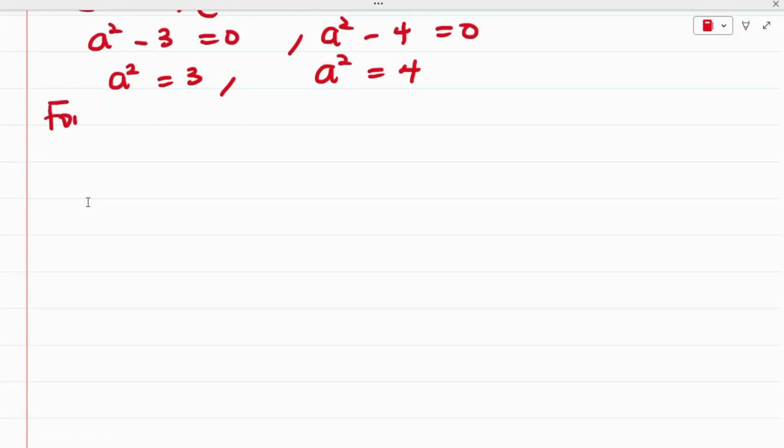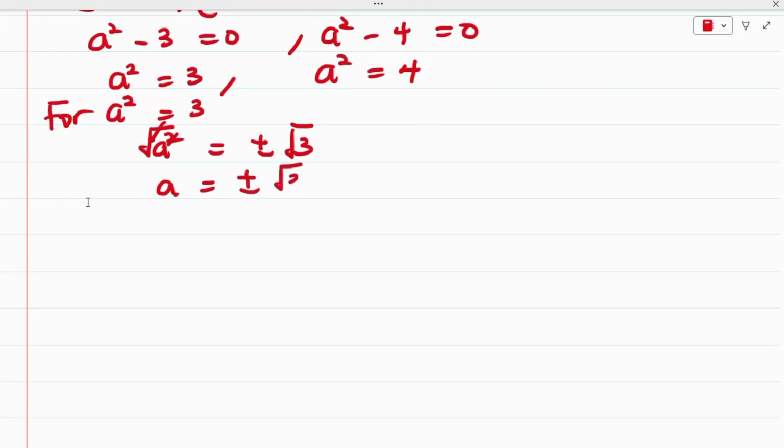So for a squared equals 3, all we have to do is to take the square root of both sides. So we have the square root of a squared equals plus or minus the root of 3. So from here, this cancels out this, and a equals plus or minus the root of 3. So assuming a is positive, we have a equals plus root 3. So we want to simply solve for b.